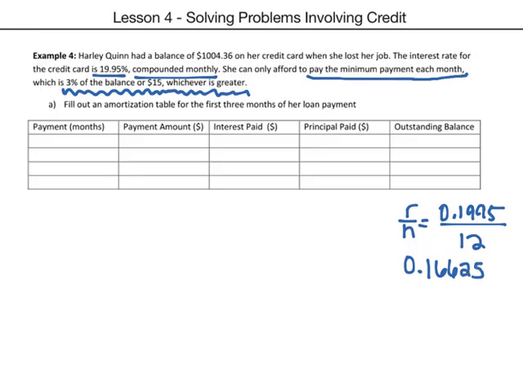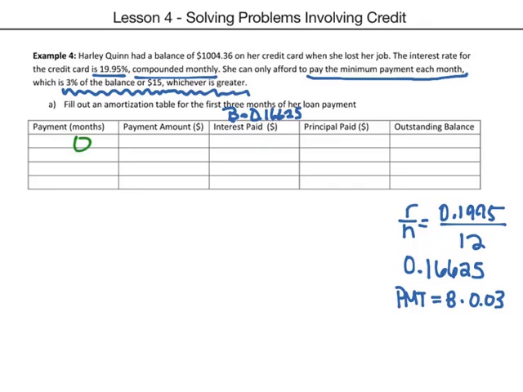So when we find our interest, we take our balance, we'll just write a B, and we times it by 0.16625. And when we find our payment amount, we multiply our balance times 0.03, because our payment is either 3% of the balance owed or $15.